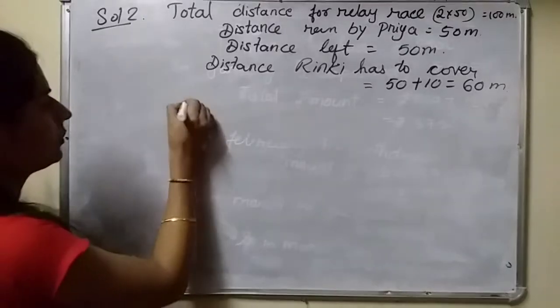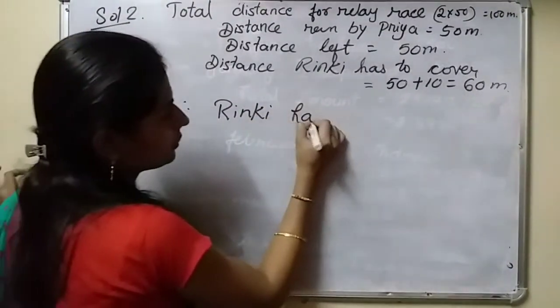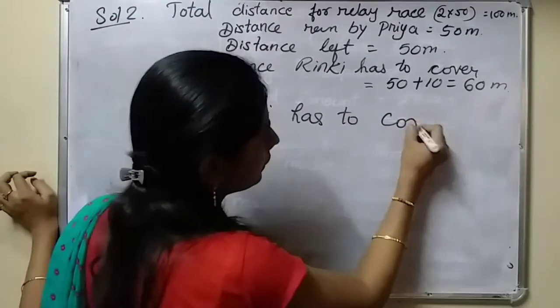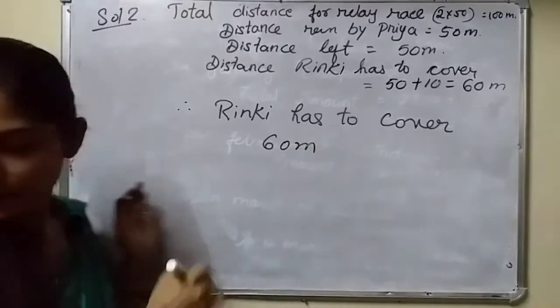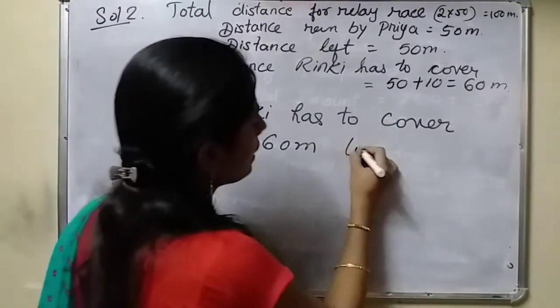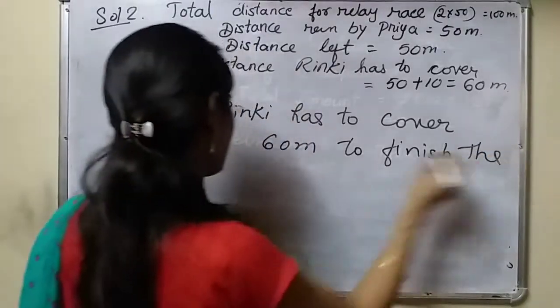Therefore, Rinki has to cover 60 meters to finish the race.